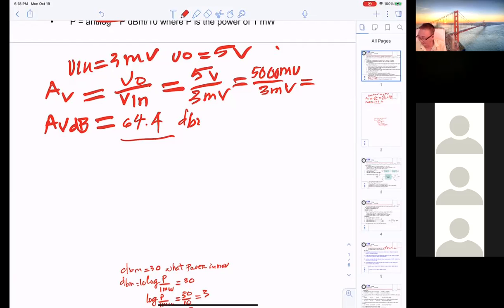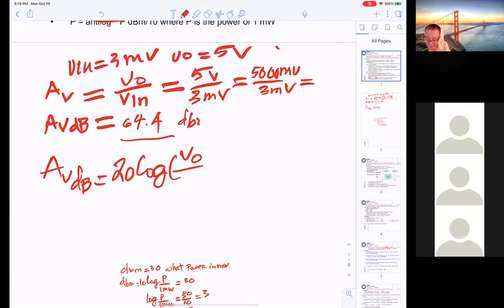Or you can use one formula. That's okay. The formula will be AV in dB equals 20 log of V out over V in. You can use that formula directly. Yeah, that's how I did it. Same answer though.